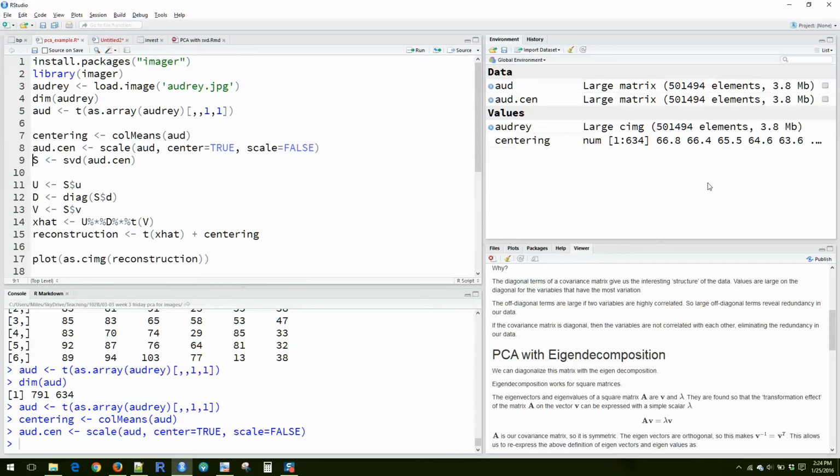Okay, so now we can perform a singular value decomposition of our centered Audrey matrix.